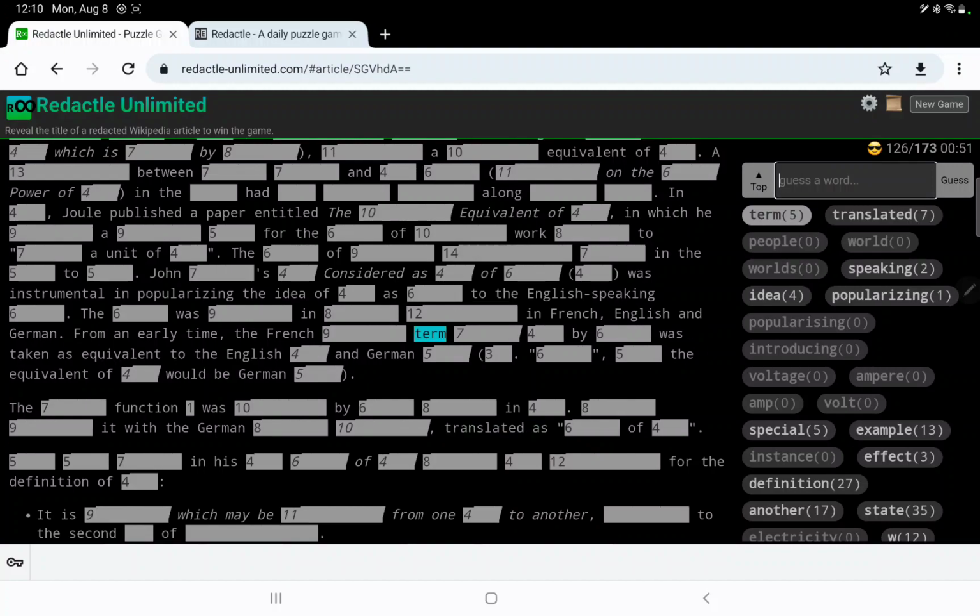Term, yes. The French language is 8 letters. The French scientific, no, that's too long. The French something term 7, 4 by 6.